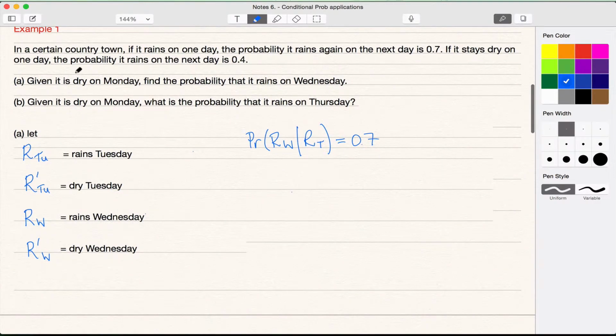If it stays dry on one day, the probability that it rains on the next day is 0.4. Now, we've said it's dry on Monday, so that would be this day if it stays dry on one day. So the probability that it rains on Tuesday is 0.4.